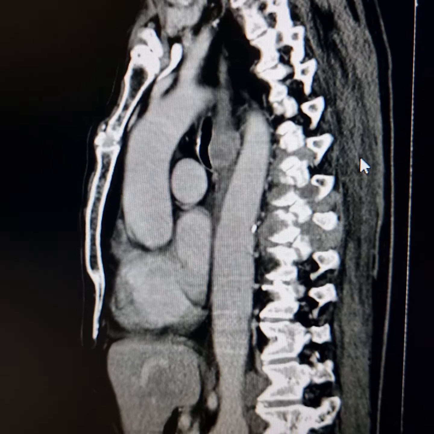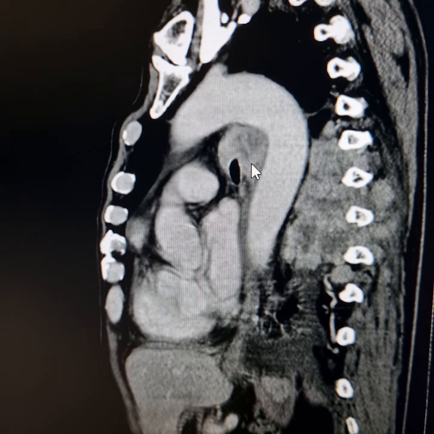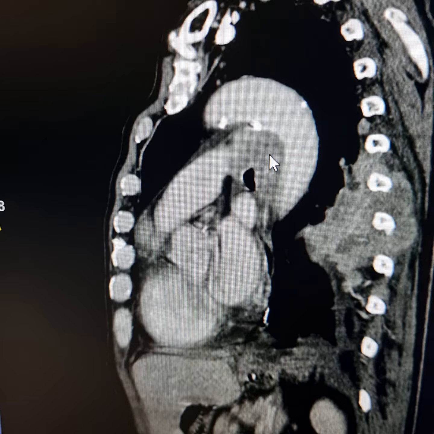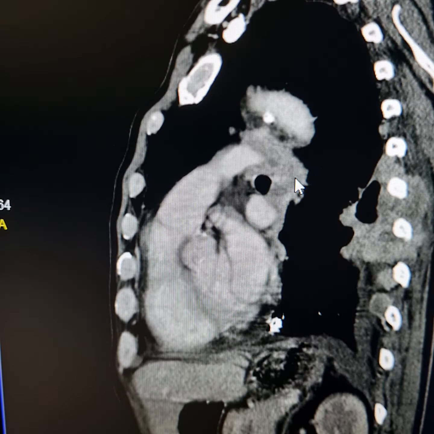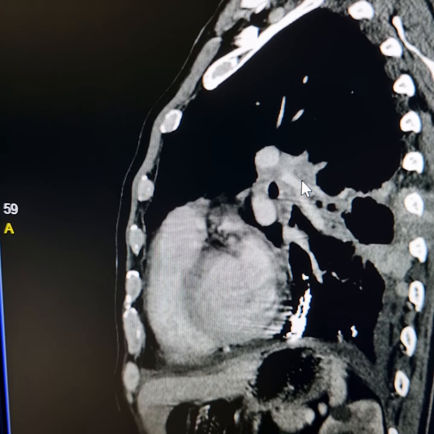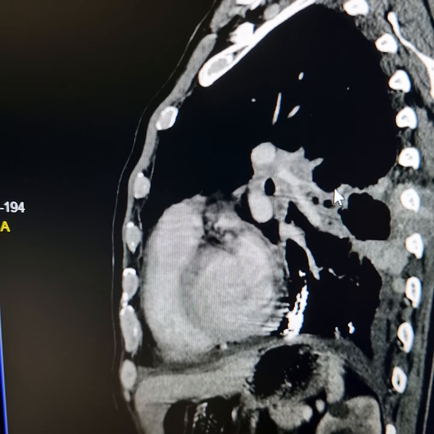This is the sagittal scan. Please observe this lymphoid mass which has partly surrounded and significantly narrowed the left main bronchus. This is the left lower lobe branch of pulmonary artery.